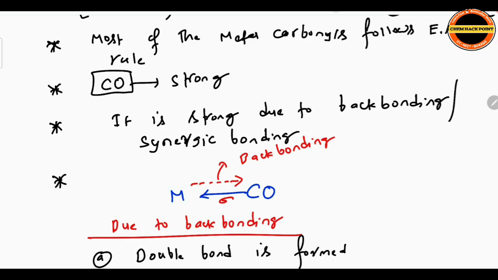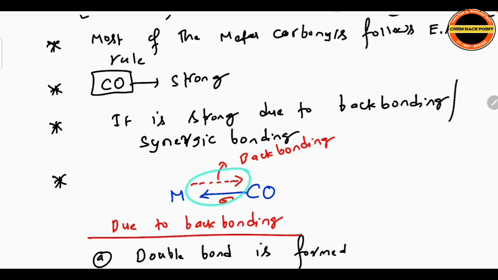So, to reduce electron density, it gives back electrons to CO in the form of a second bond, a pi bond. You may doubt why it accepts electrons if it becomes unstable. Temporarily it becomes unstable, but finally it gives back electrons in the form of a pi bond, which results in two bonds. Whatever back bond goes from metal to ligand, we call back bonding or synergic bonding.